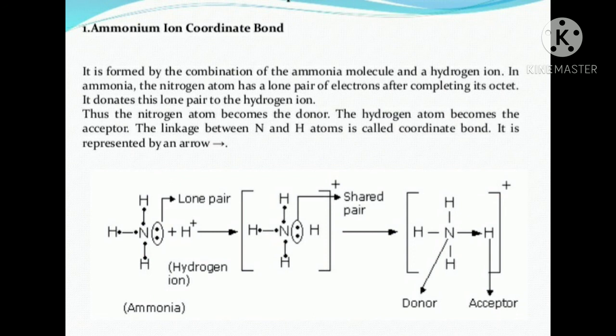So the proton, that is hydrogen ion, released from water adds on to the lone pair of electrons of the nitrogen atom of the ammonia molecule, as the nitrogen atom in ammonia has a slight negative charge.